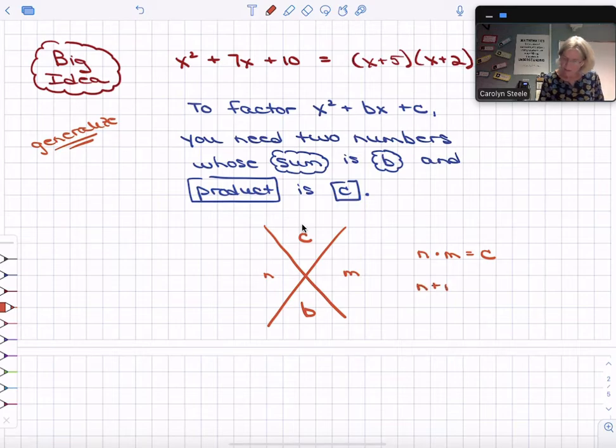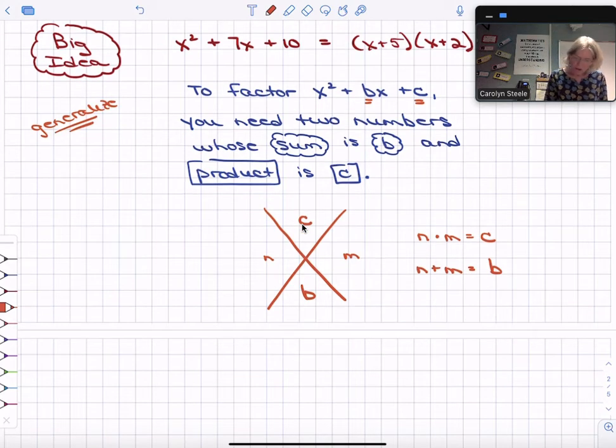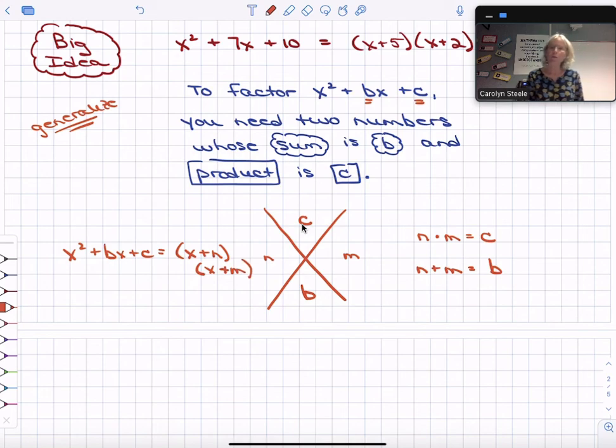And n plus m must equal b, the middle term. Once we know that information, then we can factor x squared plus bx plus c. It becomes the two binomials x plus n times x plus m. Sorry, I ran out of room there.